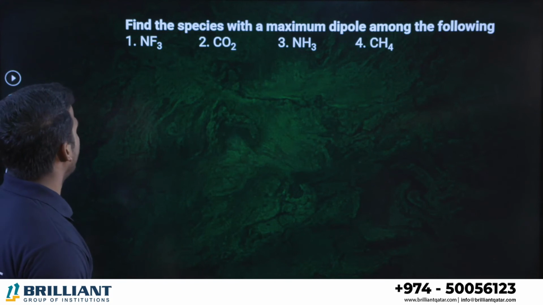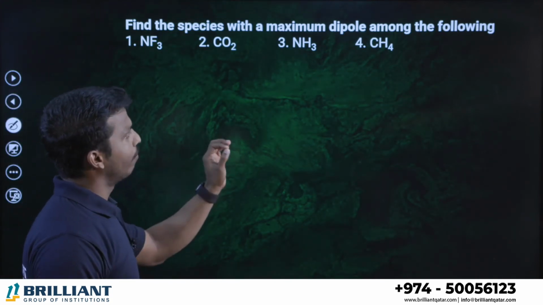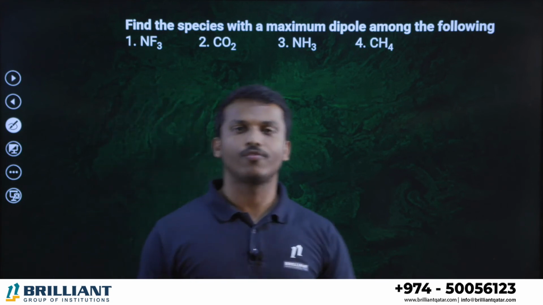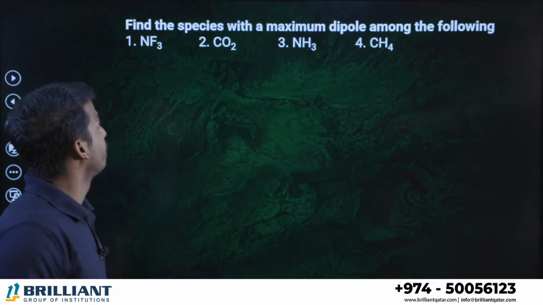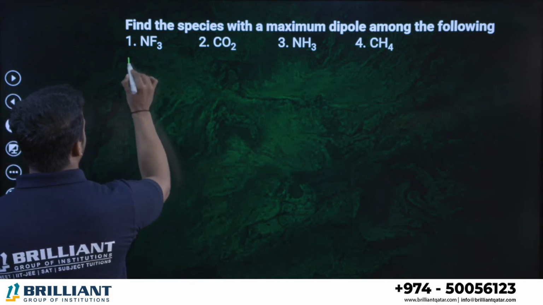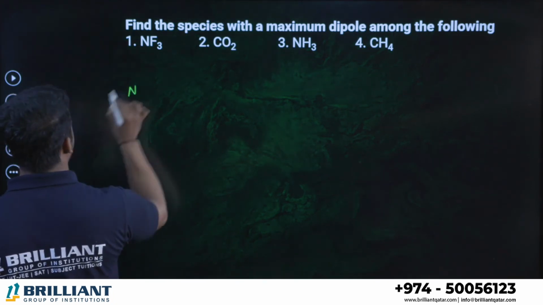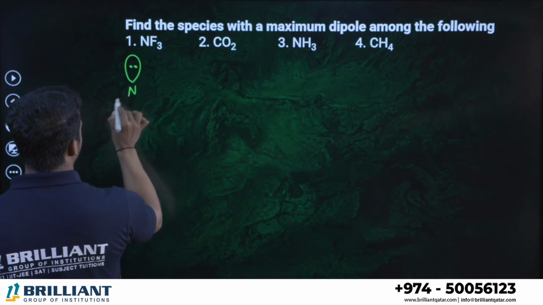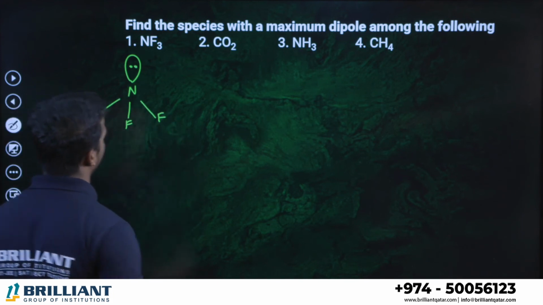One more question. See all of you. Find the species with the maximum dipole moment among the following. Okay, so four species are given here. Which one has the greatest dipole moment? That's the question. NF3. Let me draw the shape of the molecule NF3. NF3 and NH3 have the same geometry. NF3 is trigonal pyramidal.